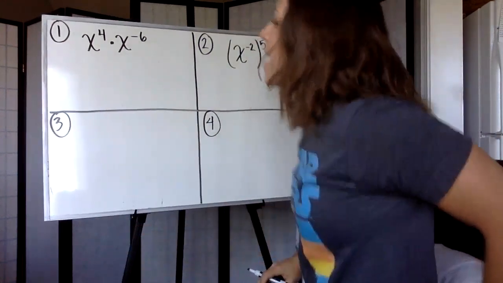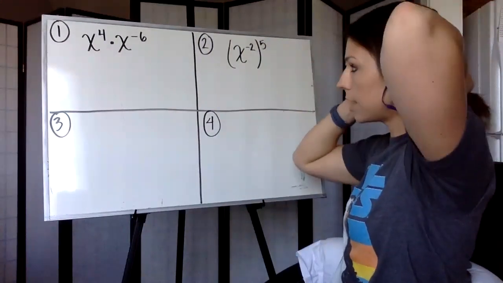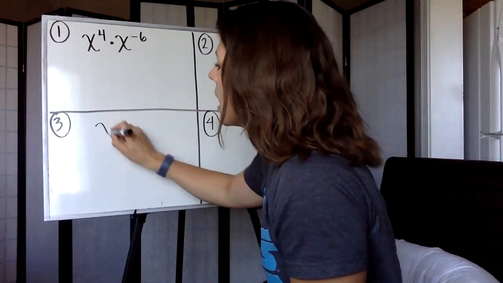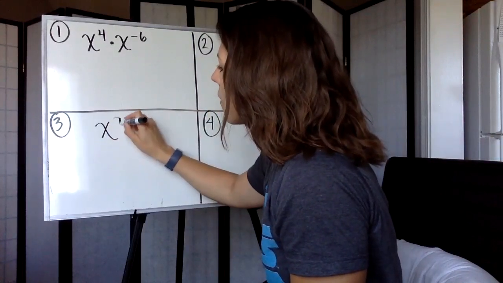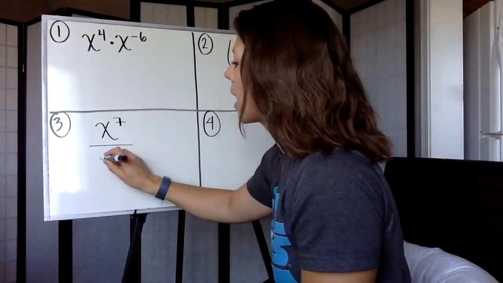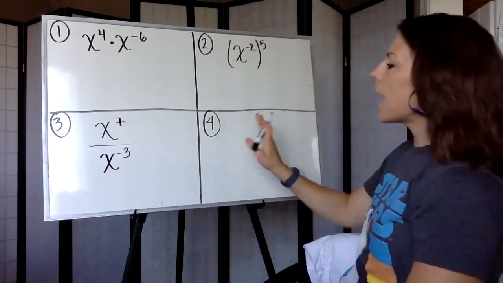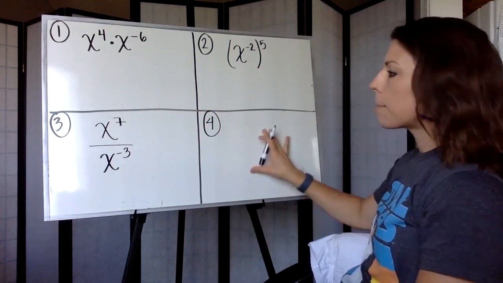You'll be just fine. Number 3, we're going to do 2 kind of similar looking examples. x to the 7th divided by x to the negative 3rd. And then over here, I'm going to combine some.